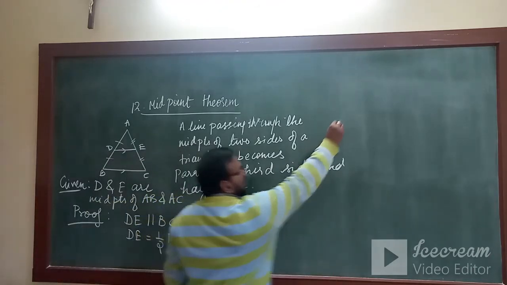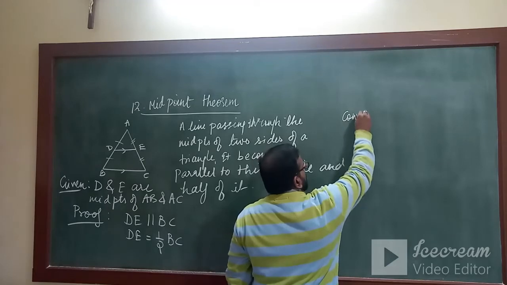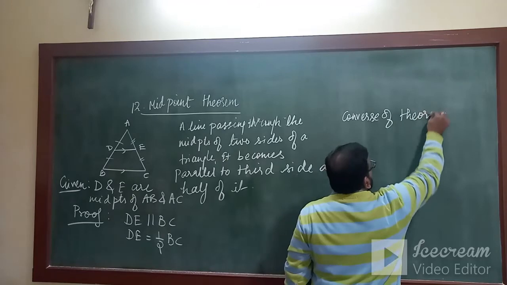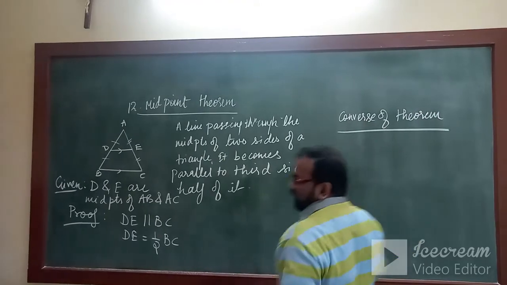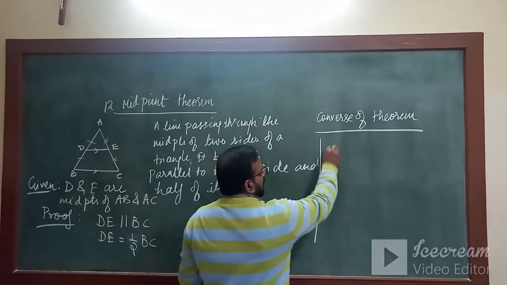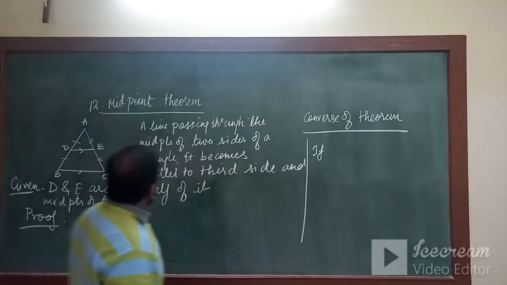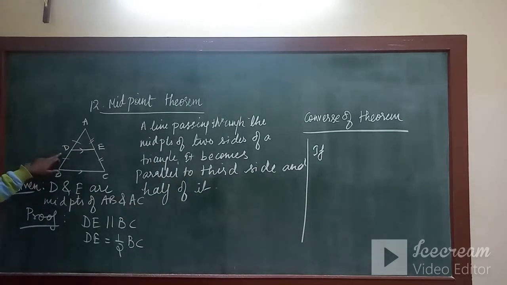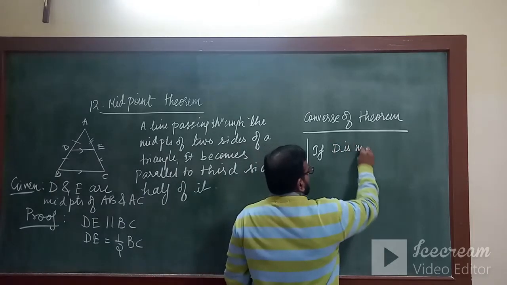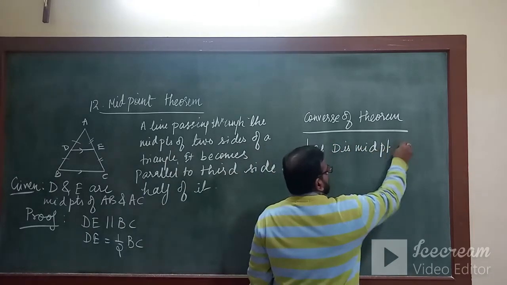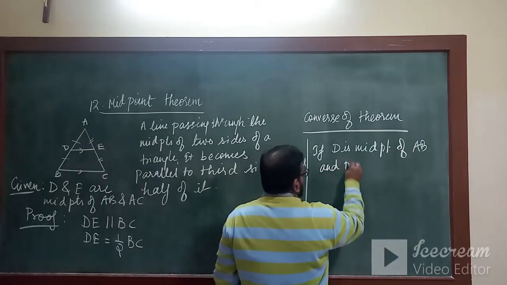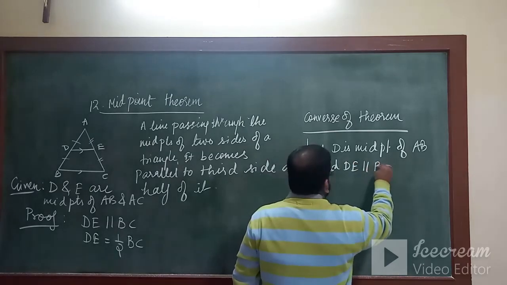Then there is a converse of this theorem also. So what is the converse of this theorem? Converse says, suppose it is given that D is the midpoint of AB and DE is parallel to BC.